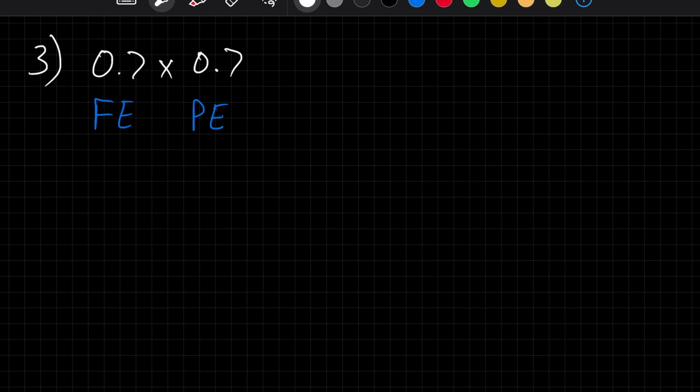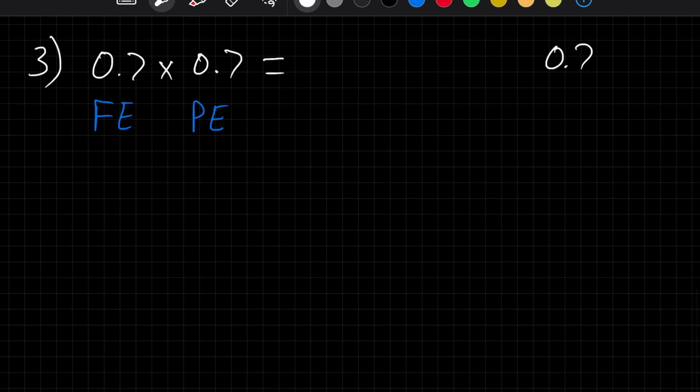So we want to find out what percentage of people actually get through both. So 70% of people pass the FE exam, 70% of people pass the PE exam.